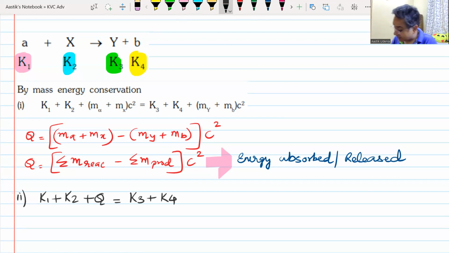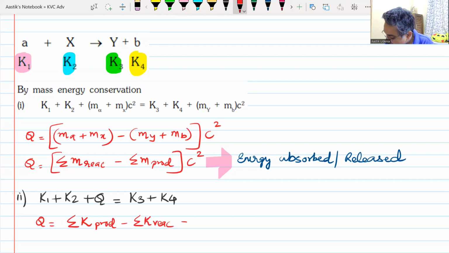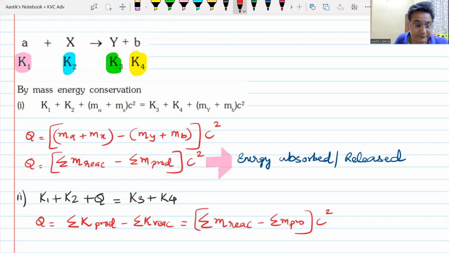From here you can write the value of this Q factor as summation of kinetic energy of the products minus summation of kinetic energy of the reactants, which is nothing but equal to mass of the reactants minus summation of mass of the products into C square.